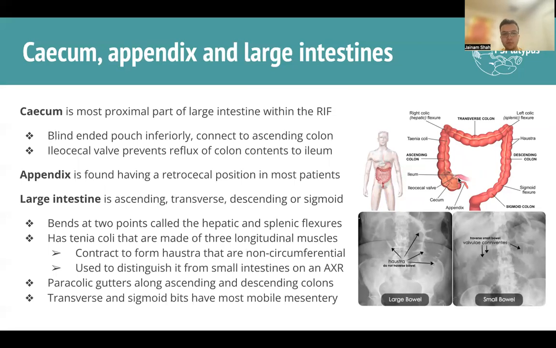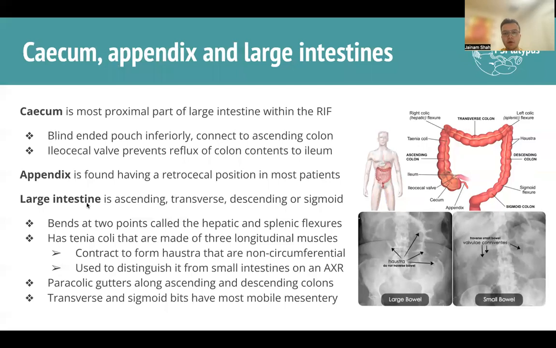Some patients will have pelvic positions. There's so many different types of positions you can have, but most patients are retrocecal, which is why when you have appendix pain, it tends to be around McBurney's point, which we will cover when we get to clinical examination of the gastrointestinal system. But that's the main reason why. Whereas if you have patients with different positionings of the appendix, you might get different signs altogether.